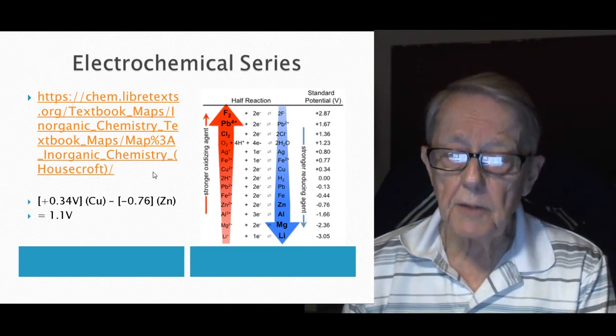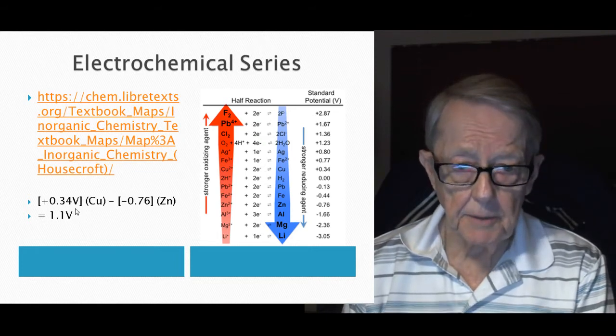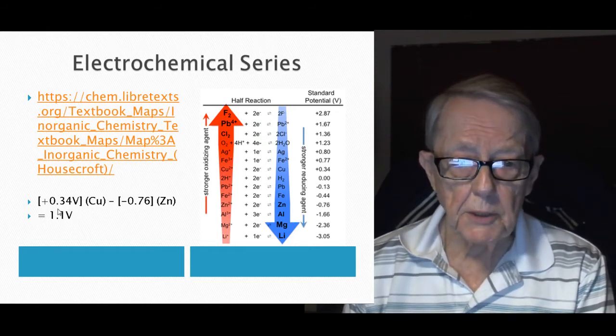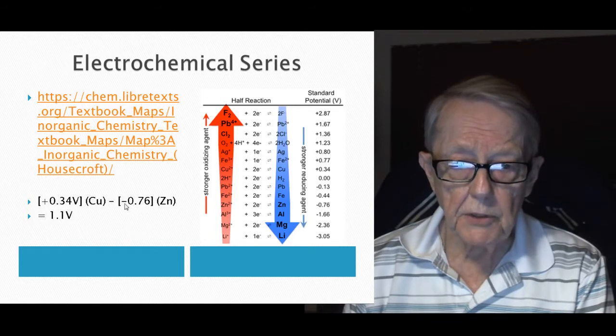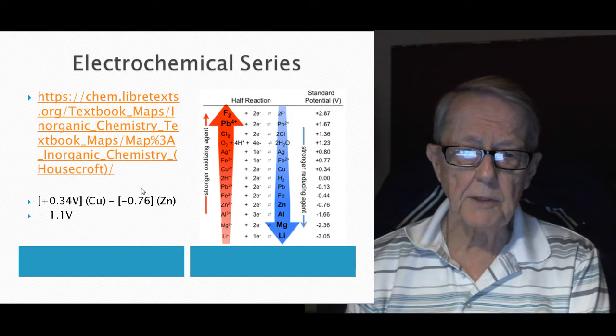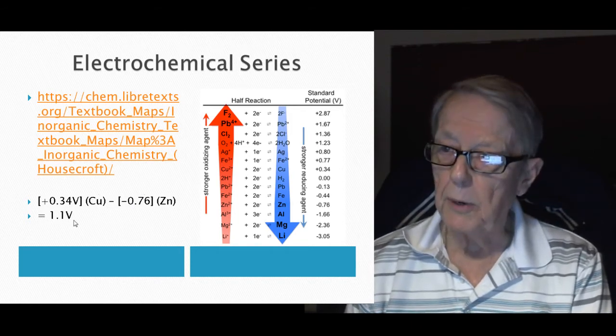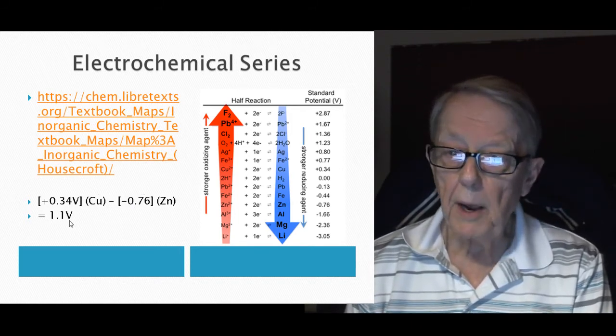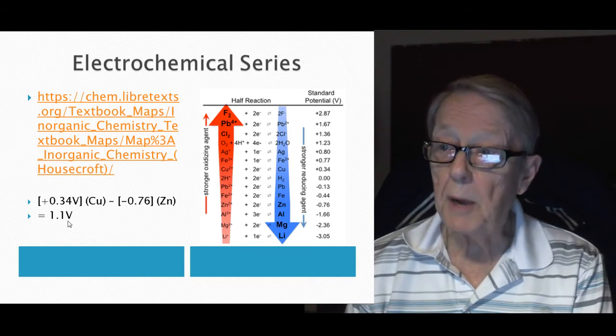So in the case of the copper and the zinc, the copper gives you plus 0.34 and the zinc gives you a negative 0.76, but when you take the difference of that, you get a 1.1 volt battery. It happens automatically.